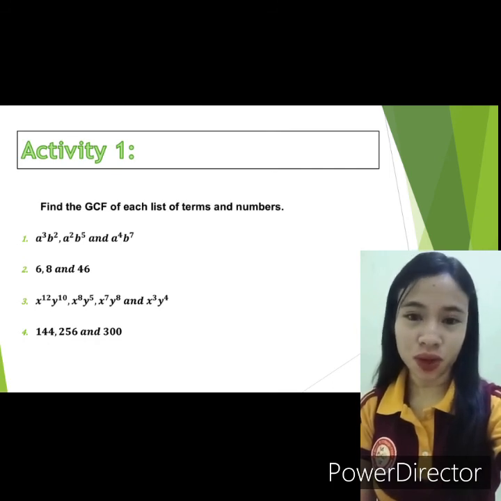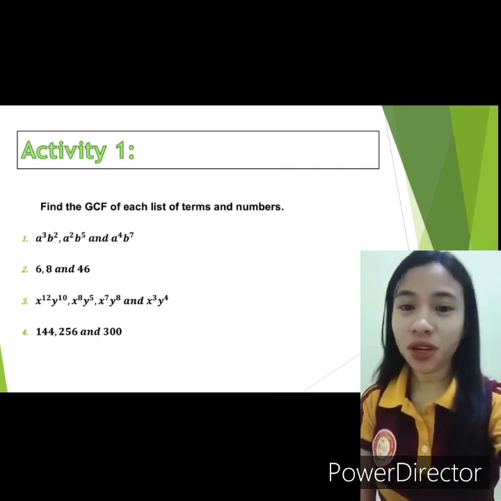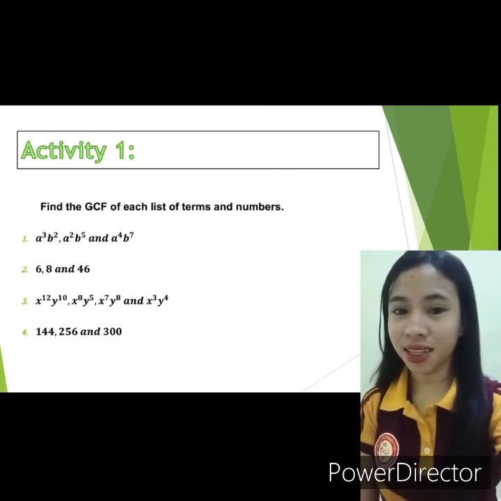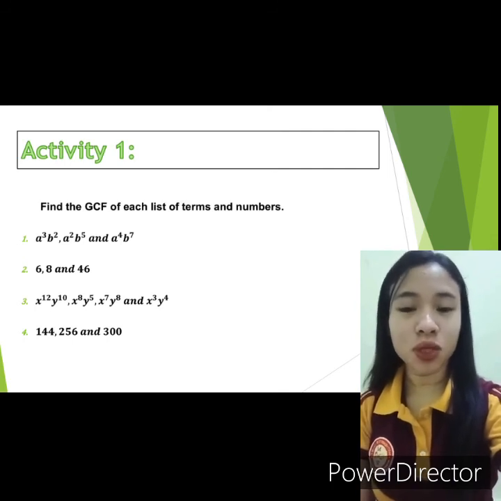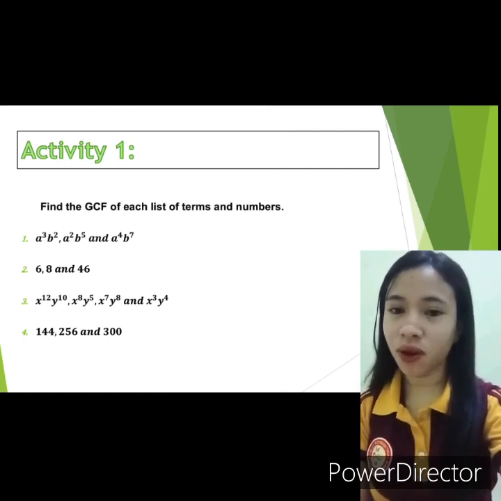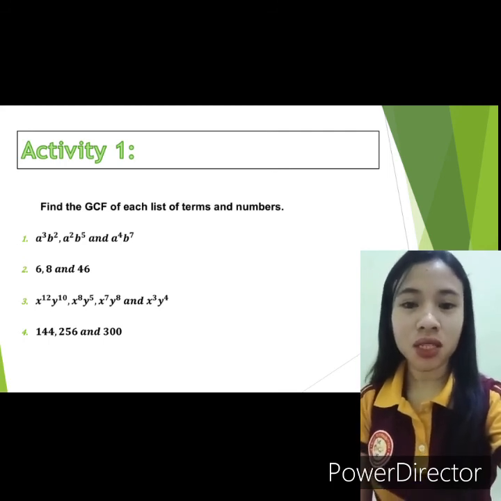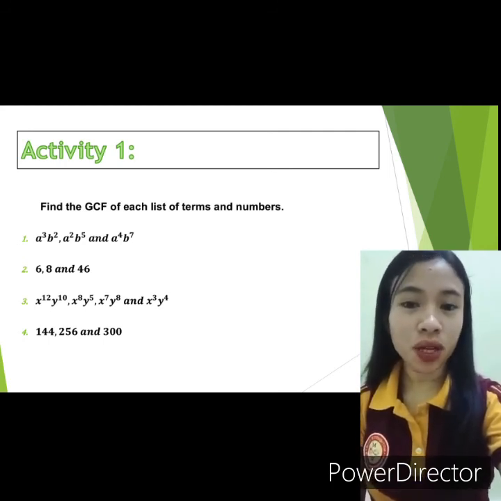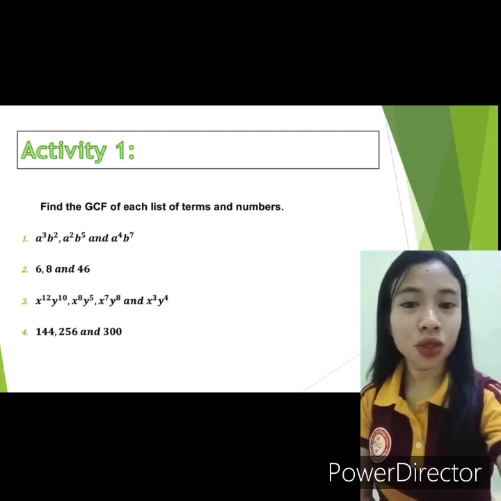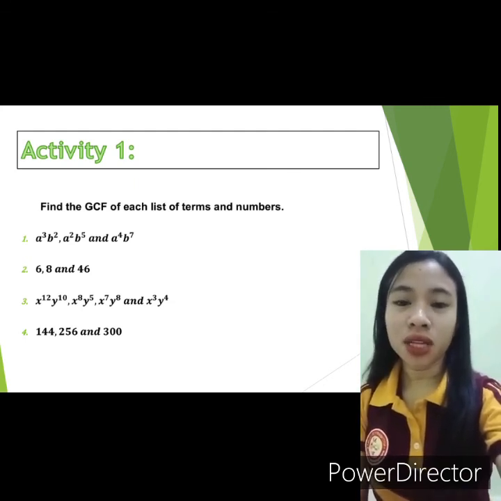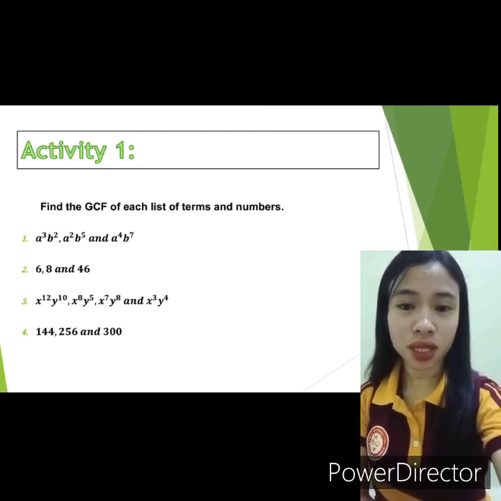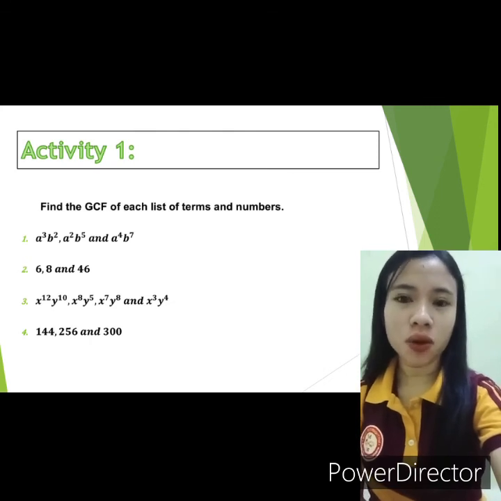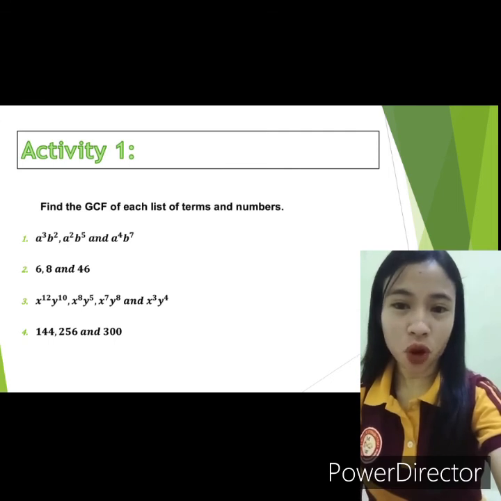For the third term, we have 300. The factors of 300 are 2 times 2 times 3 times 5 times 5. Then we find the common factors of the three terms. As we observe, the common factor of the three terms is 2 times 2. So the greatest common factor of 144, 256, and 300 is 4.